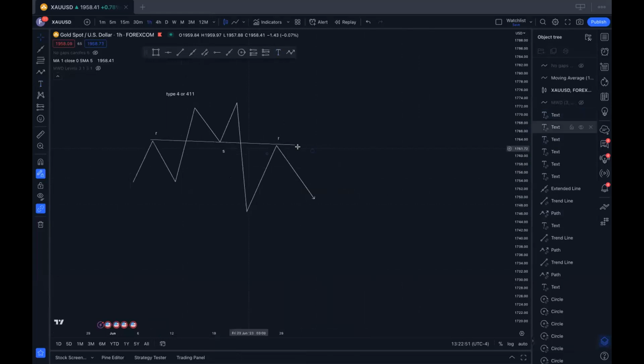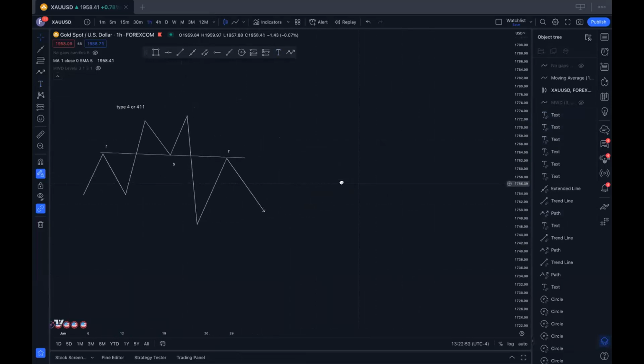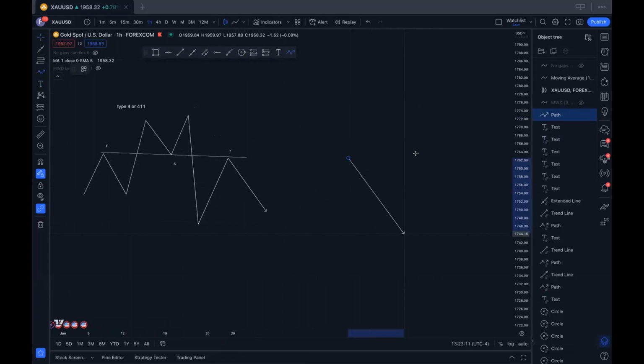And this is for the bearish side. For the bullish side, it would be, sorry. Yeah, actually, that's right.